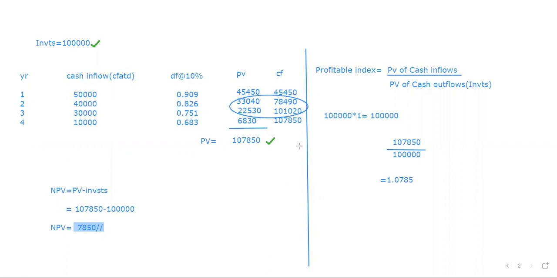Okay, so in this one, let me go with this. Here I'm finding out my payback period. The formula will be the same.